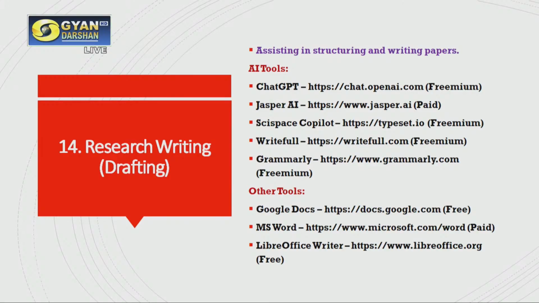But in research writing and drafting, there are tools like Jasper AI, Writefull, Grammarly. Of course, Grammarly, a couple of you might have used. It would help you to create the document. Then grammar checking can be done. Again, such tools can be used. Google Docs, of course, MS Word I have listed, LibreOffice, which is free software.